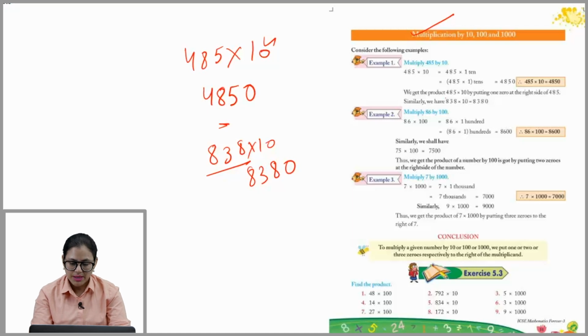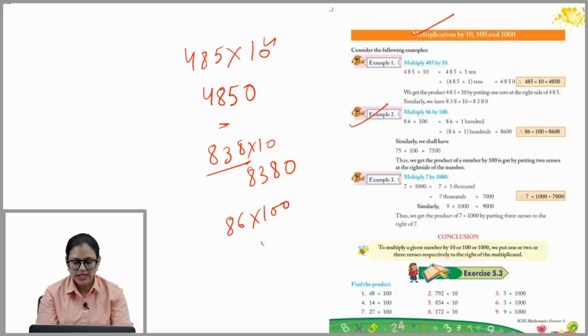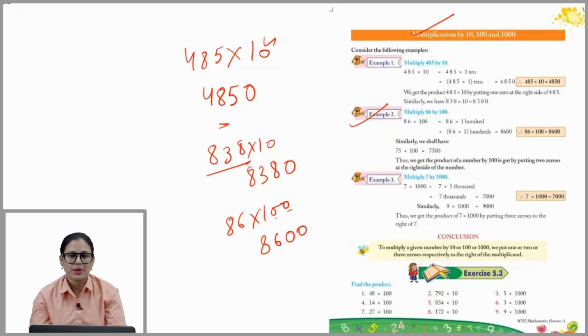Okay. Number 2, multiply 86 by 100. 86 into 100. Okay. You will write 86 as it is, and then how many zeros are there? 2. We will add 2 zeros to the right of this number. Okay. Similarly, 75 into 200 is equal to 7500.